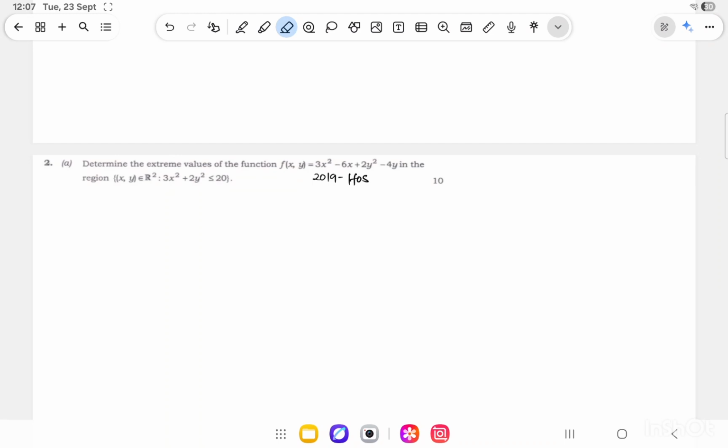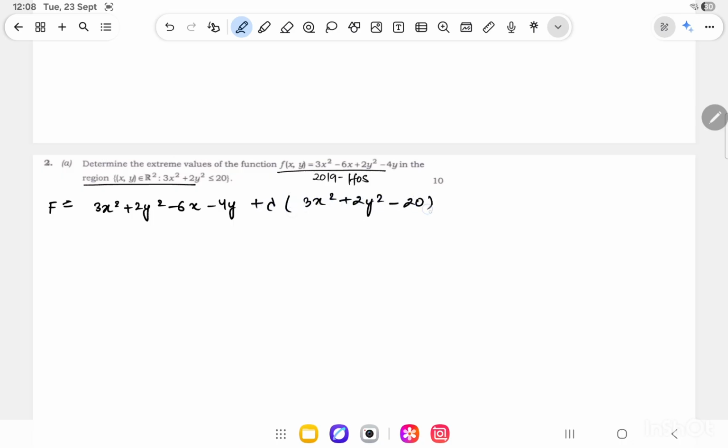In this question, we are supposed to determine the extreme values of this function in this region. So let's write the capital F function, that is basically 3x square plus 2y square minus 6x minus 4y plus lambda into 3x square plus 2y square minus 20.